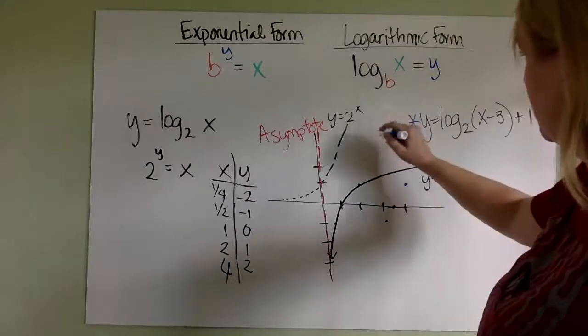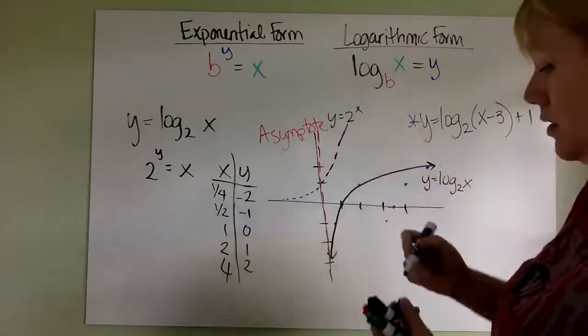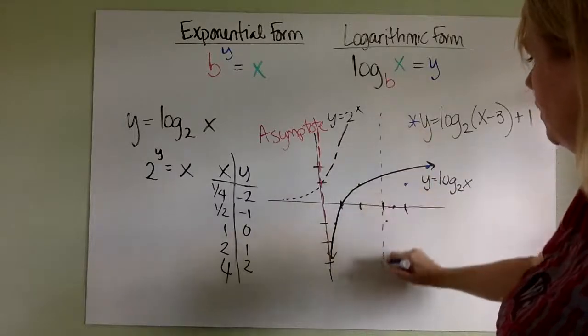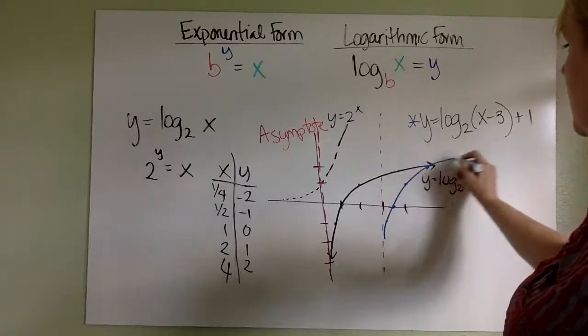And now my asymptote is at 3. So I have this asymptote here at 3, and my graph looks like that.